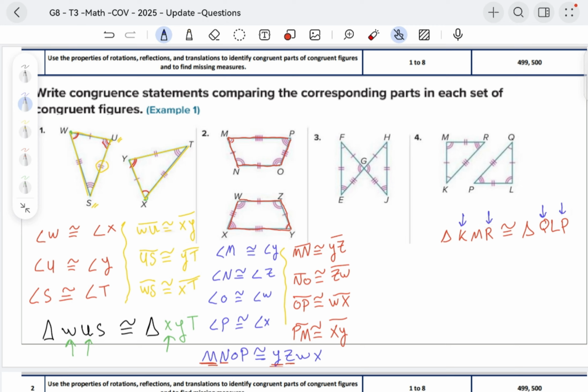Or you can say segment KM is congruent to segment QL, first two with first two. Or we can take the last two, MR with LP, also they are congruent. Or you can say RK with PQ, also they are corresponding and congruent to each other.